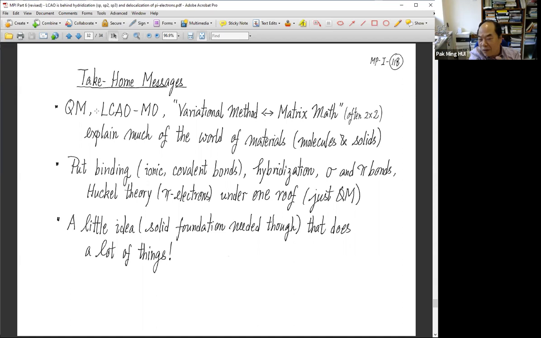You see, nothing fancy, but the impact on the knowledge of humankind is really big, because only through that do we understand the world of materials, meaning the periodic table, all compounds, and bigger molecules called solids.